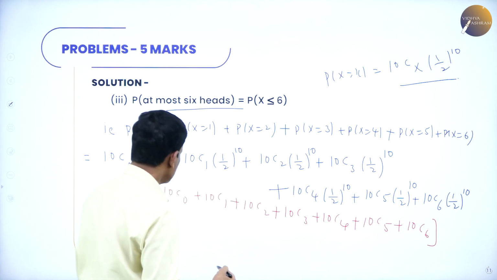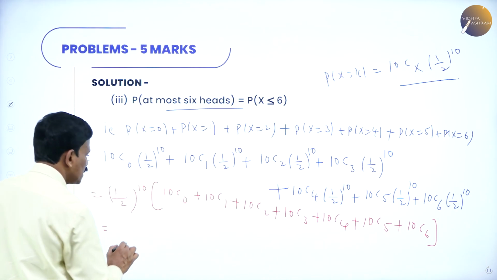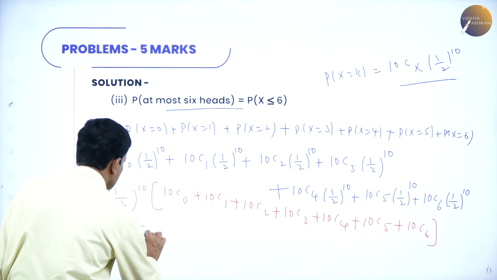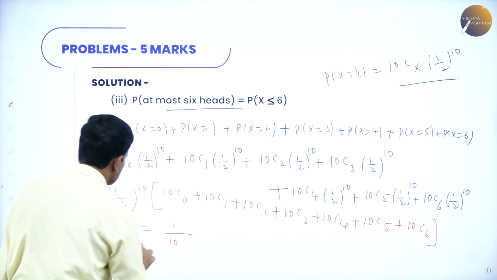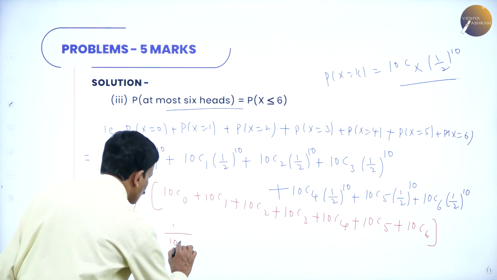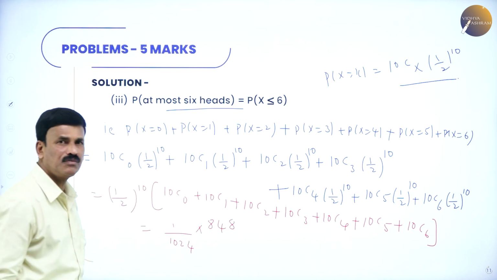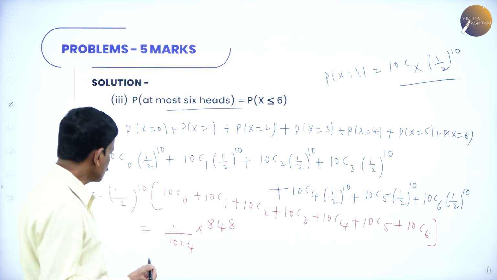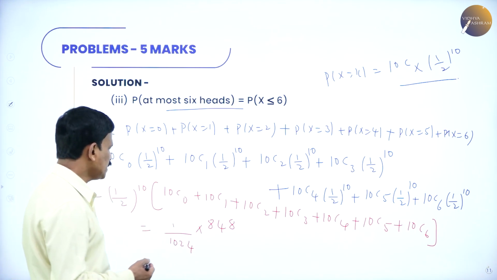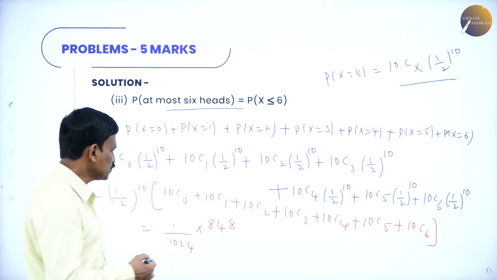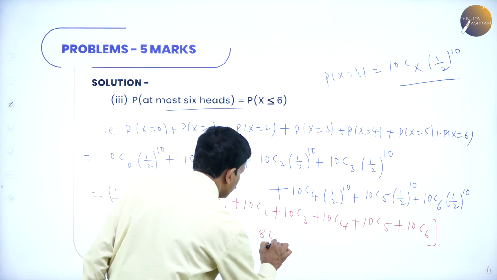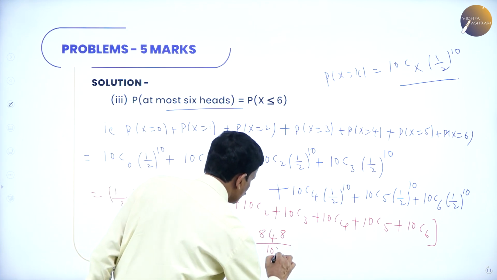So after simplification, you are going to get 848 over 1024. So this is 848 divided by 1024.